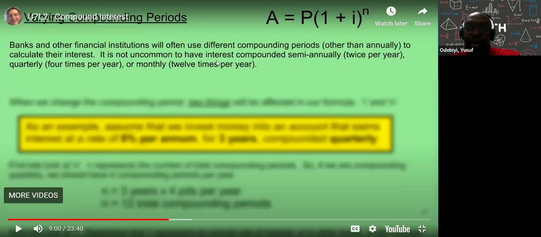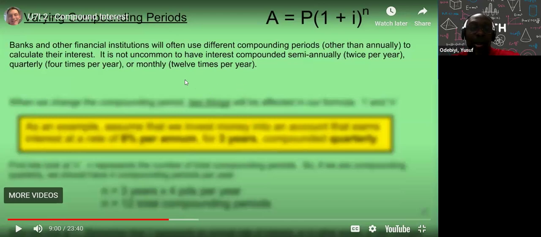So every single day they're charging you interest, and it's going back into the new principal amount, because every day the interest is going on top of the principal. So every day there's a new principal amount. So daily is the most money they can squeeze off you.